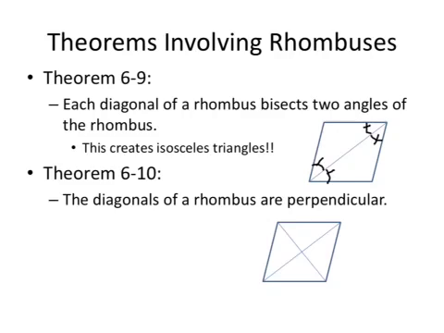What that ends up doing is it creates two isosceles triangles, which makes it really easy to deal with if we're trying to find angles and things like that based on what we've just learned in Chapter 4.